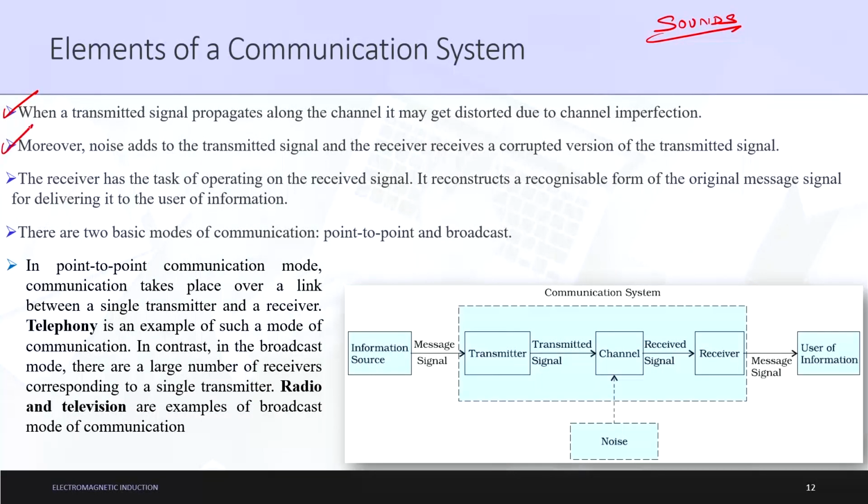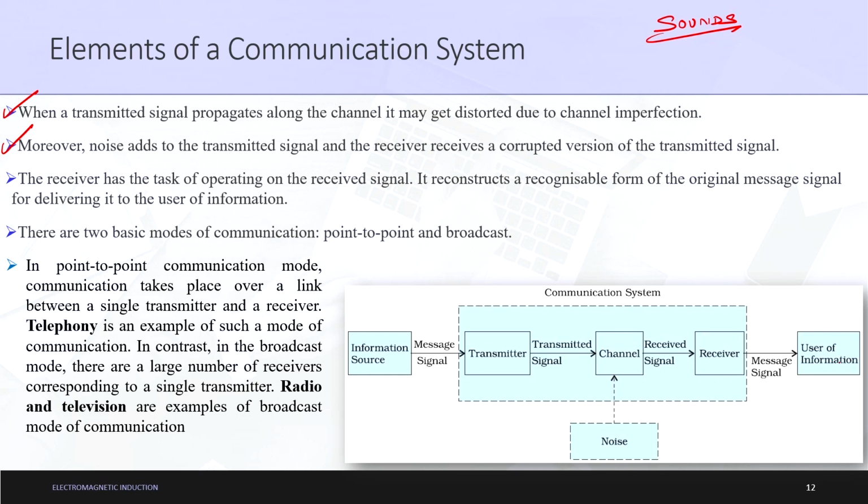These noises are added, or the signal is corrupted, when you receive it. Corrupted means not completely ideal compared to the version that was sent by the information source. The receiver has the task of operating on the received signal.